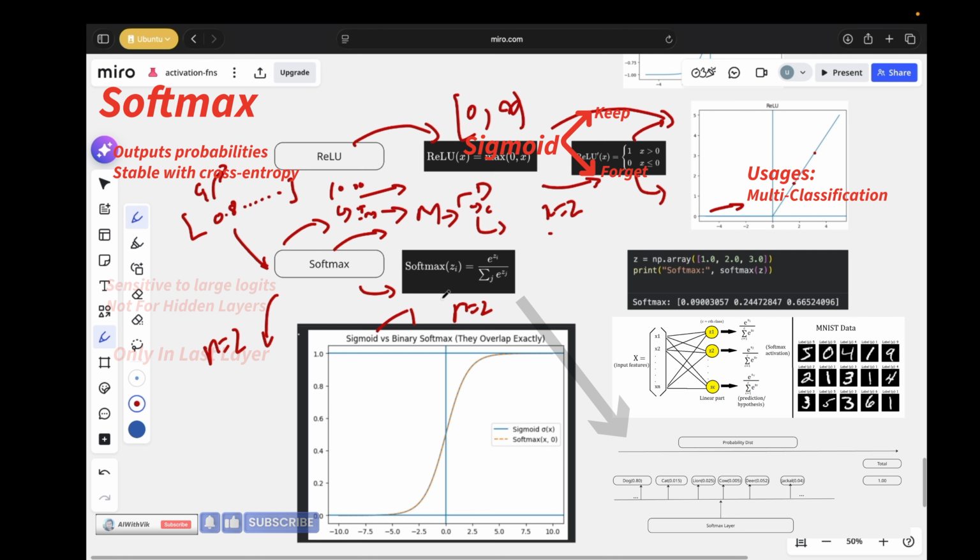But why do we still prefer sigmoid in practice? Because it has fewer parameters, is faster, has cleaner loss, and gives basically the same result, right? You can see here, we have plotted a graph of sigmoid and binary softmax for the same data, and you can see that they overlap exactly.